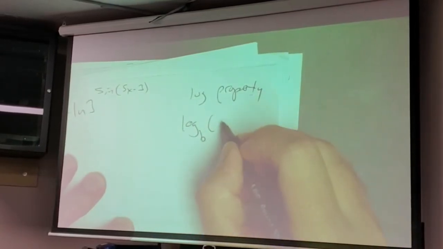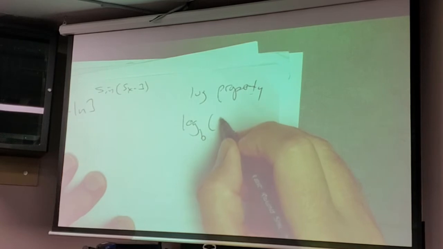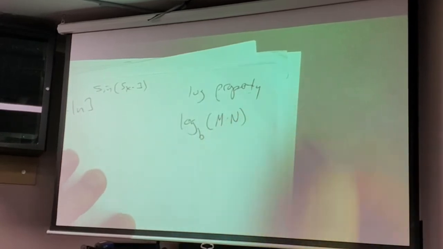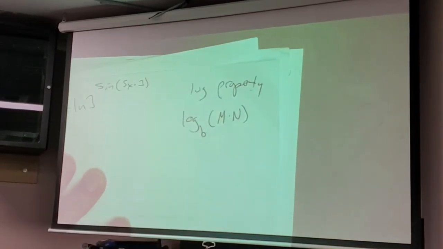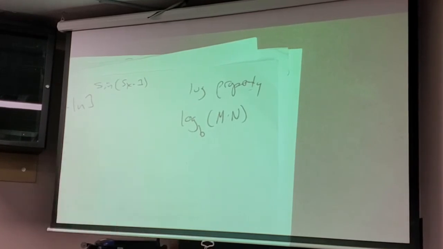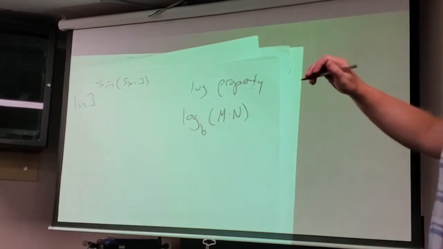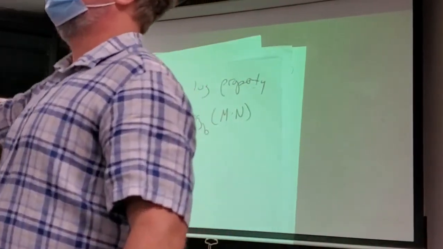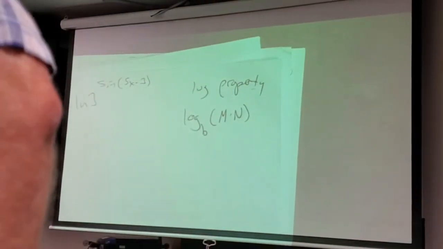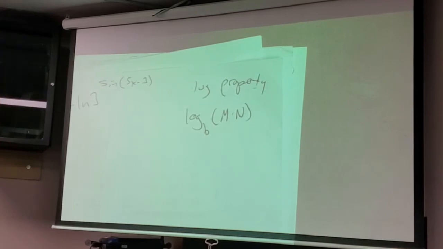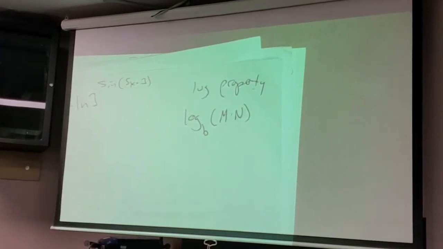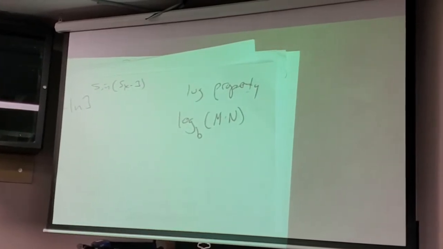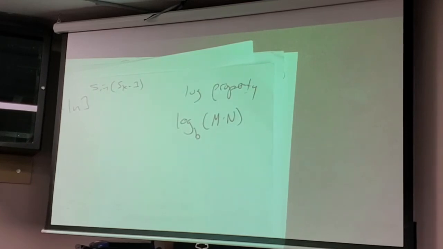If I have log of some base b of something times something. Okay. Real quick, in case anybody else: what is a log again? What is a log? I like it. Less specific, less technical. So what is log base 3 of 9? 2. Why 2?